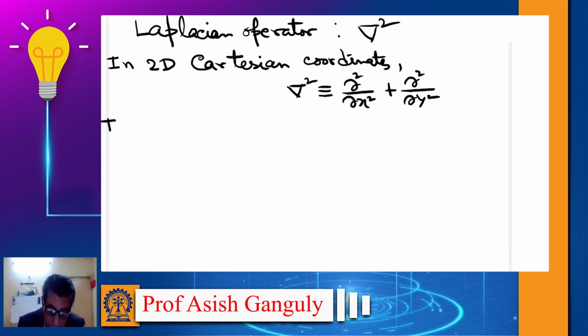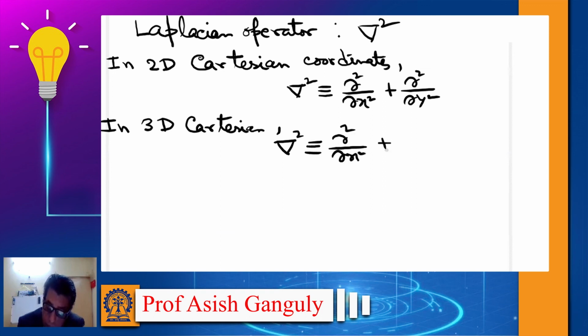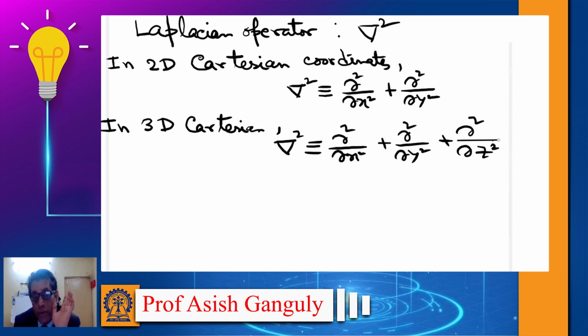Essentially, in 3D Cartesian, del square will have one more term: del square by del x square plus del square by del y square plus del square by del z square. Similarly, we can write down 2D polar coordinates and 3D polar coordinates. I will give you those later when I discuss Laplace equation, the last topic of this course.